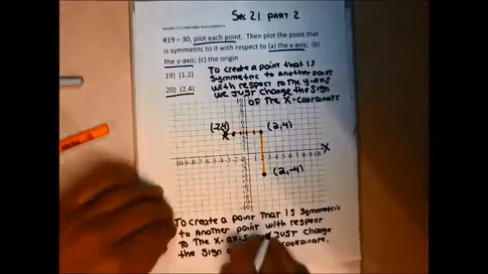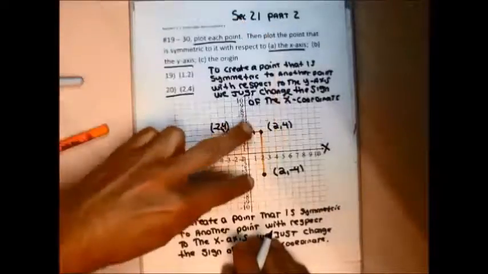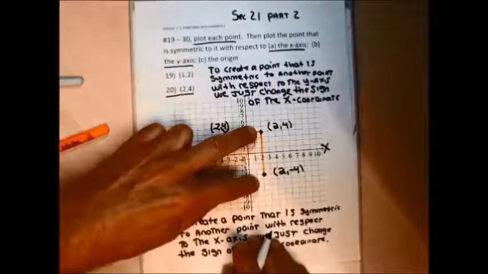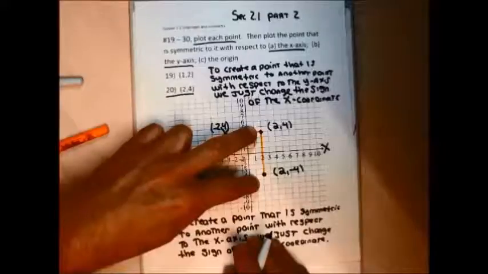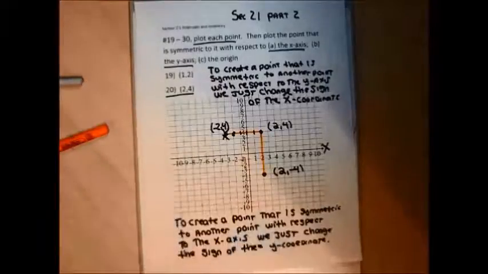It's easy for me to see that these 2 points are kind of mirrored images across the y-axis, and that these 2 points are kind of mirrored images of each other across the x-axis. And that's what it means to be symmetric with respect to the x or the y-axis, that you're kind of the mirrored image across that axis.